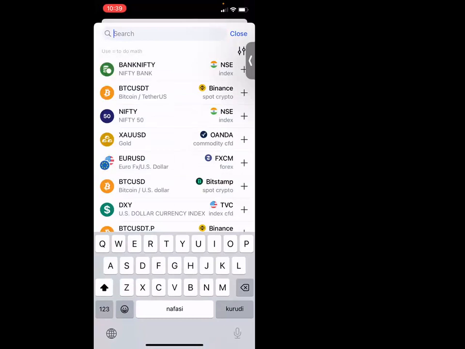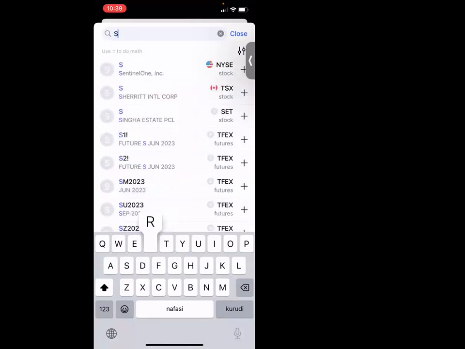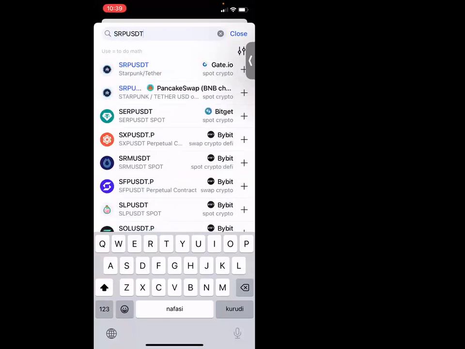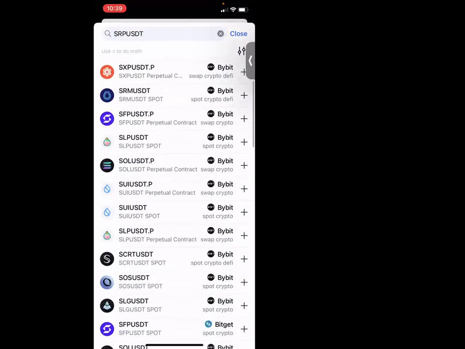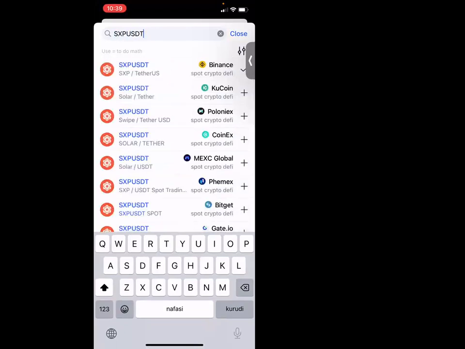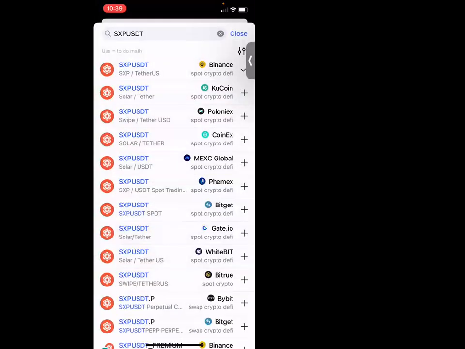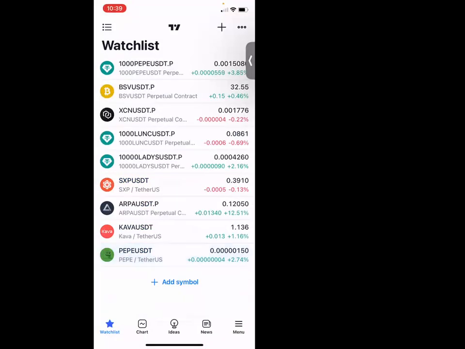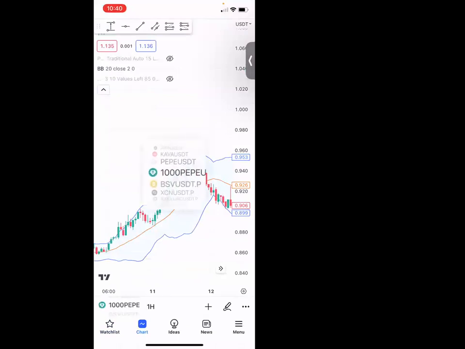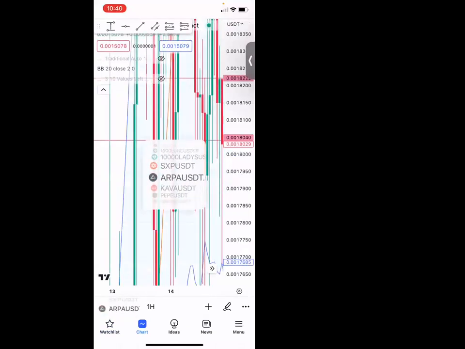We are looking at a coin called SXP. SXP USDT on Binance. Let me have a look at SXP.